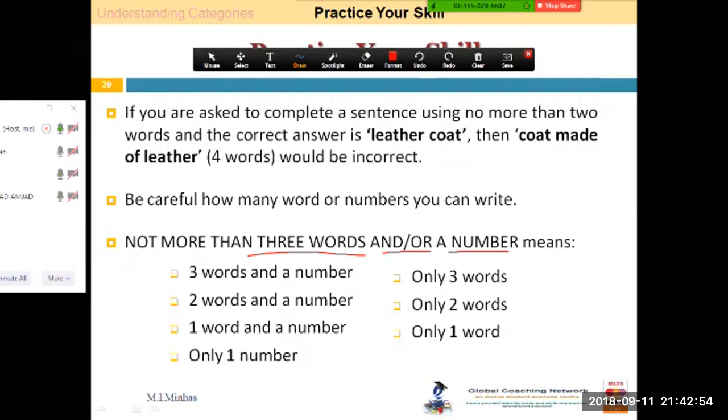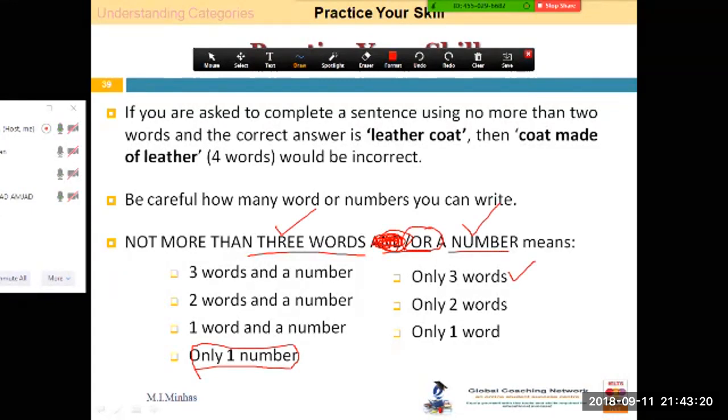So how to decide? First, you forget about the and, let's say. That means either you can write only one number, or now this word or is indicating you can write only 3 words, and this maximum word says that you can only write even 2 words, and you can only write 1 word.